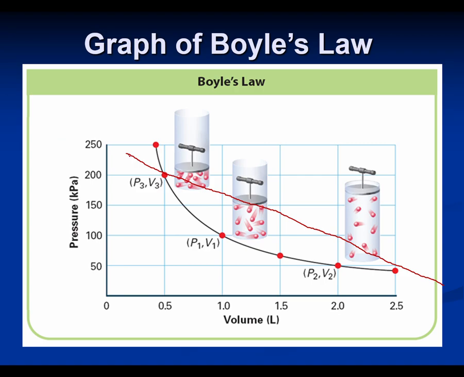You should say to yourself, well, it has to be curved because we're going to cross the zero line. And you can't have zero volume, you can't have zero pressure, so you cannot cross the asymptote. So as the volume approaches infinity, the pressure approaches zero, but you can't make this zero.